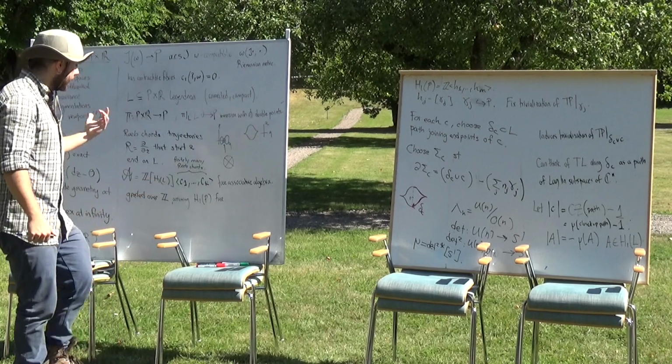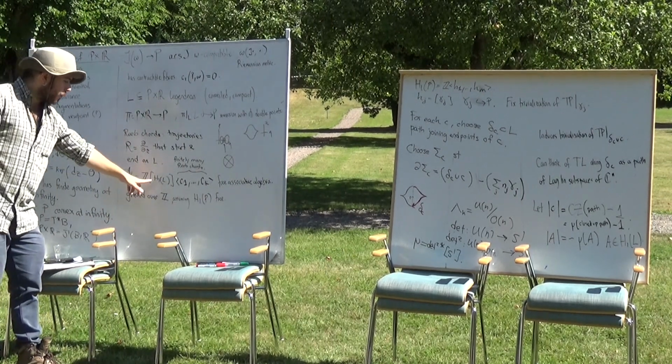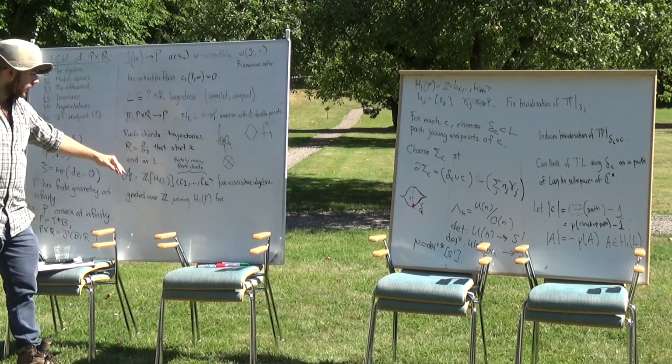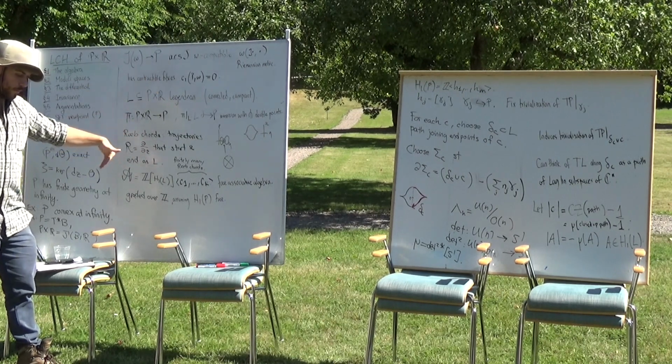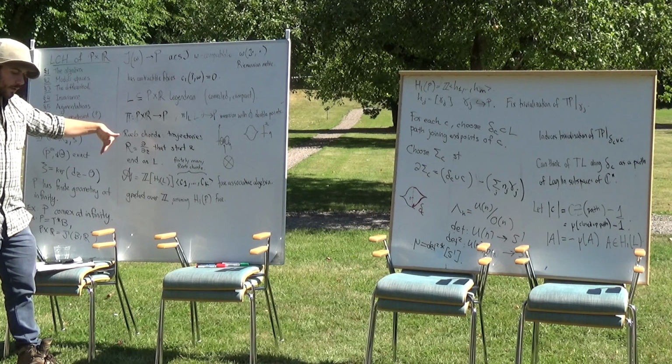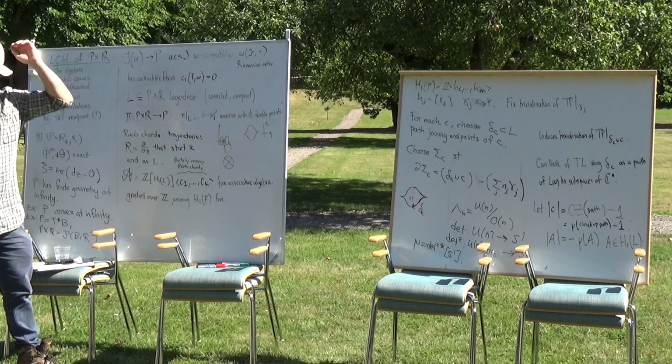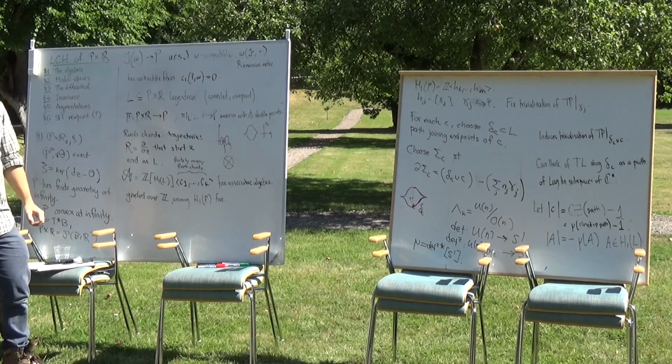So you take a class A and represent it by a loop in L. With respect to those choices, you can think of the tangent space to L along that loop as a loop of Lagrangian subspaces, and then you take minus the Maslov index of that loop of Lagrangian subspaces.